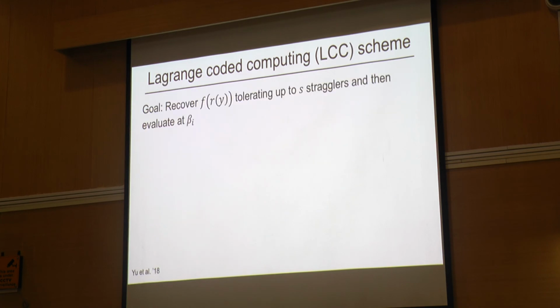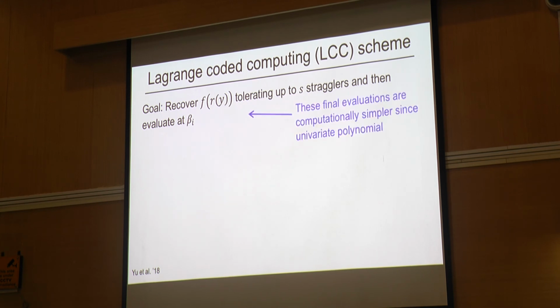So now our goal is to recover f of r of y at the decoder while being tolerant to up to s stragglers. Then the master will evaluate f of r of y at the beta i's.